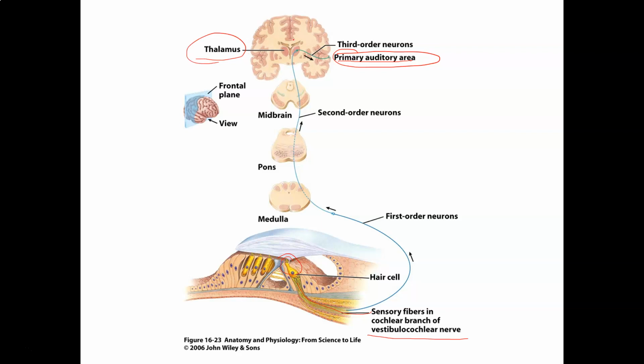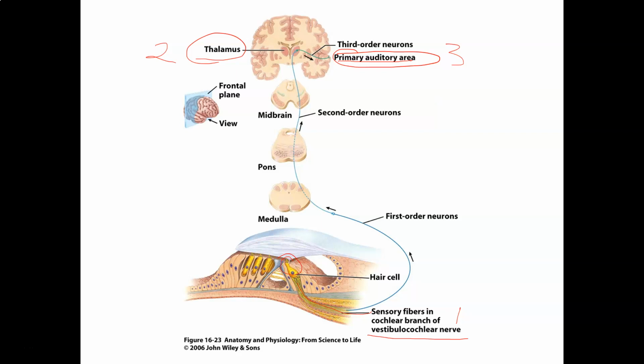And remember, that's always the case for taste, for vision, and here for sound, but not for smell. So they go to the thalamus, and then the thalamus directs it to the primary auditory area. So if we're just looking at action potentials, it would be vestibulocochlear nerve, then to the thalamus, and then to the primary auditory cortex.